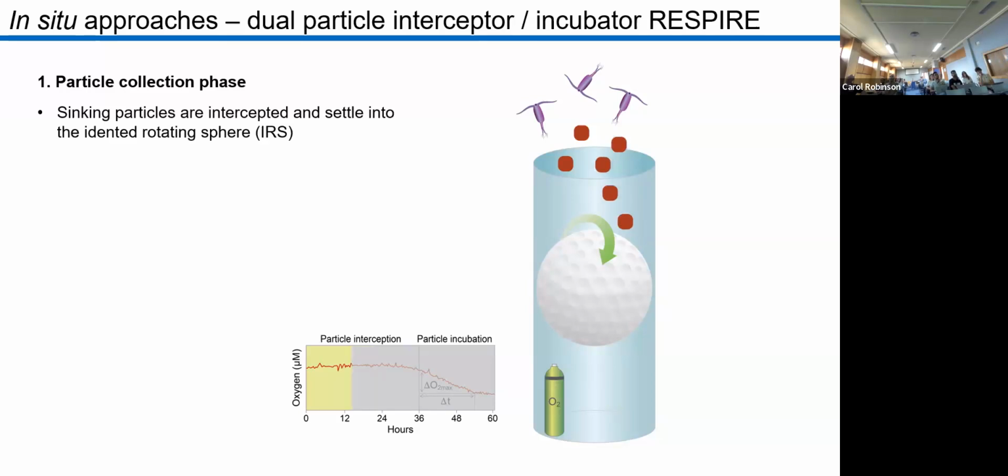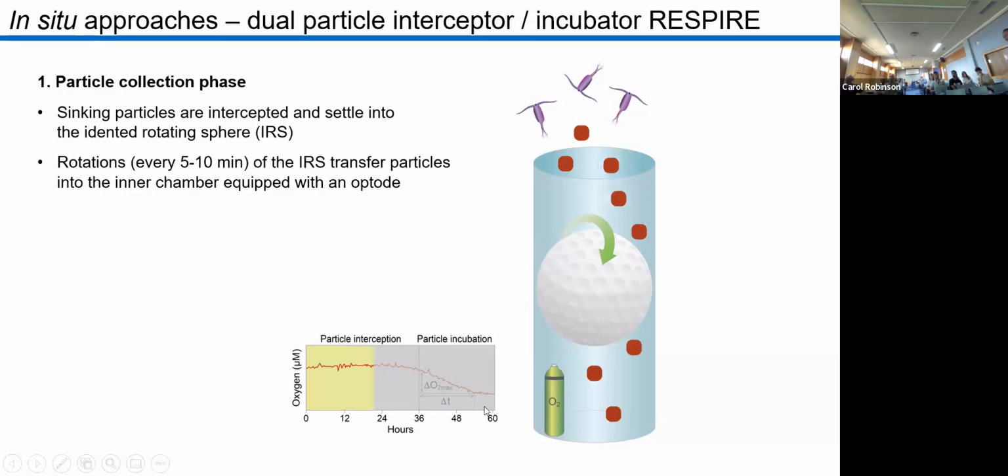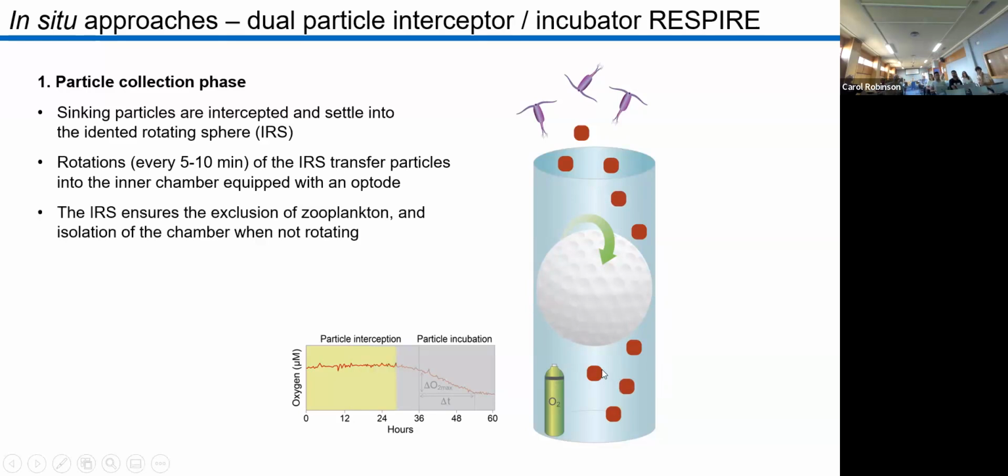Every 5 to 10 minutes, we have a rotation of this sphere, and the goal of this rotation is to transfer sinking particles into this incubation chamber, equipped with the optode. The second role of this sphere is to ensure that zooplankton and swimmers are not penetrating inside the chamber.